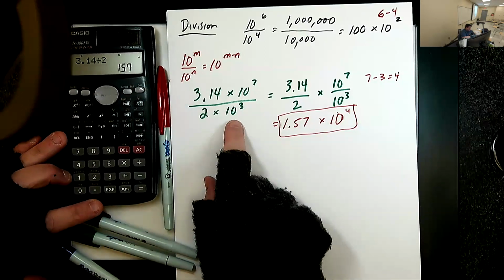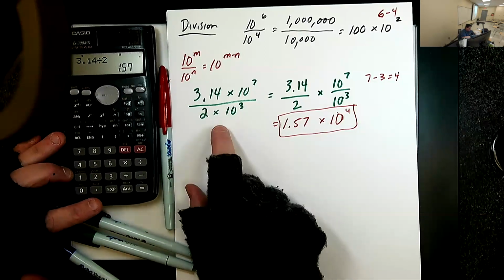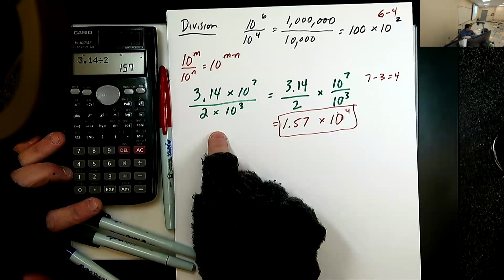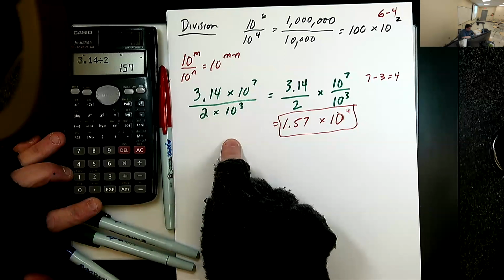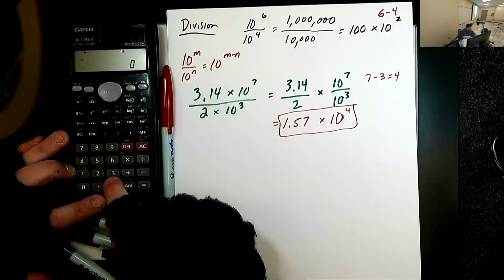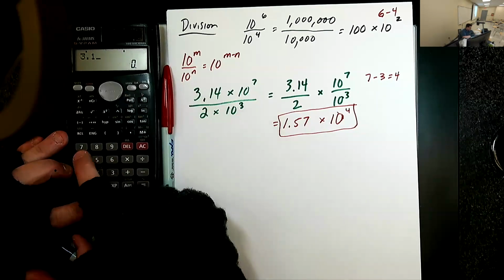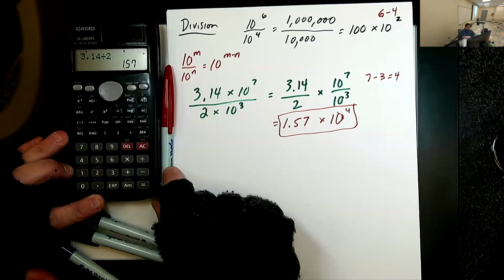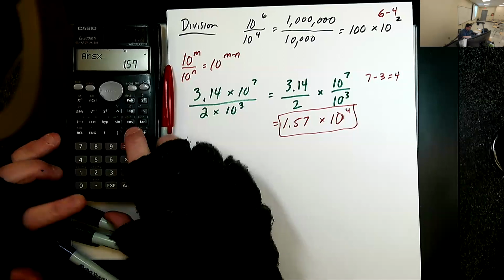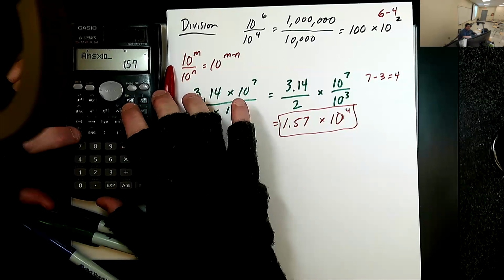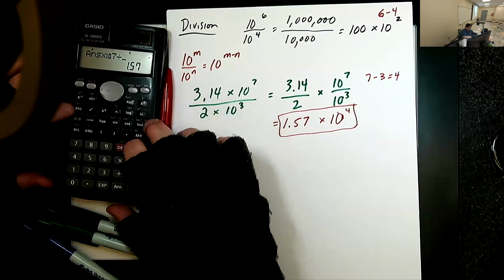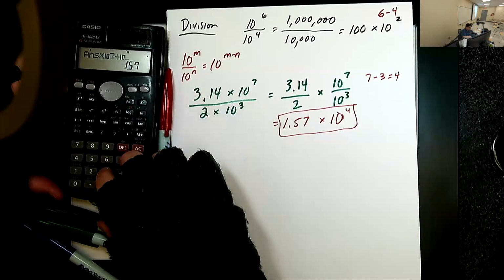If you're going to do this in the calculator, I recommend doing just the numbers first, hitting equals, and then doing the other part. I recommend going 3.14 divided by 2 equals, and then I'm going to say times shift 10 to the 7, divided by shift 10 to the 3.